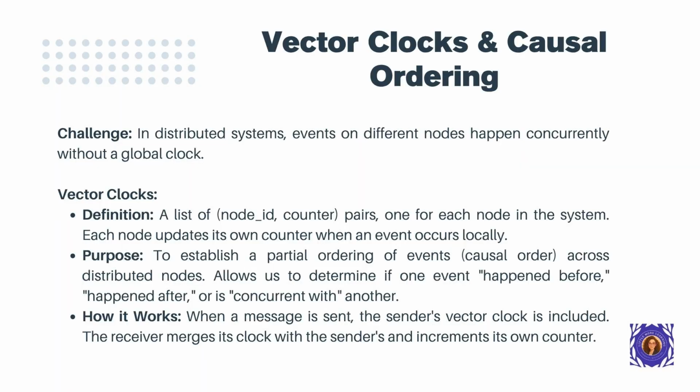In distributed systems, where events occur on many different nodes, each operating with its own independent clock, determining the true order of events, especially those happening concurrently, becomes a significant challenge. This is precisely where vector clocks come into play to establish causal ordering.